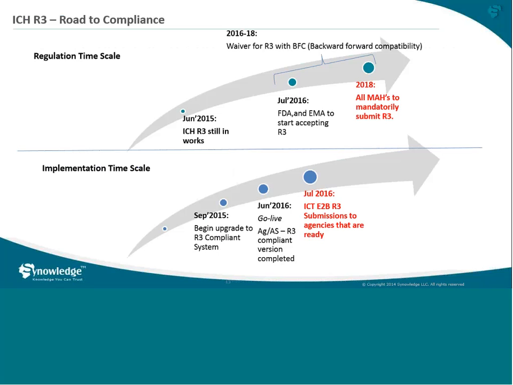So we strongly recommend the drug safety systems that are currently being used at your respective sites to be compliant with R3 by July 2016. And in the upper half, as indicated, the time period between July 2016 and early 2018 has a waiver for backward-forward compatibility.